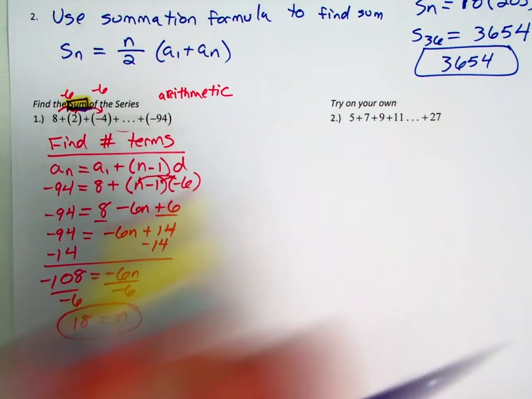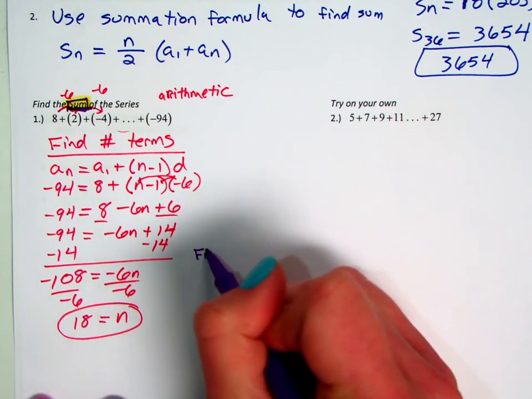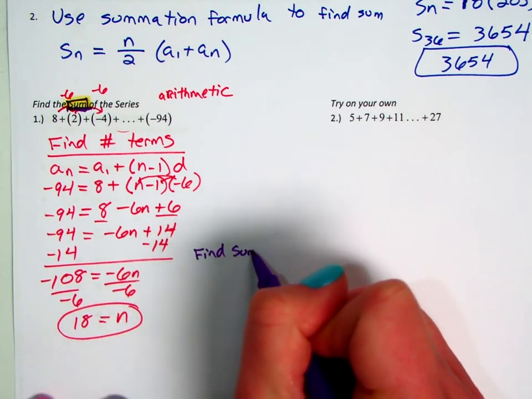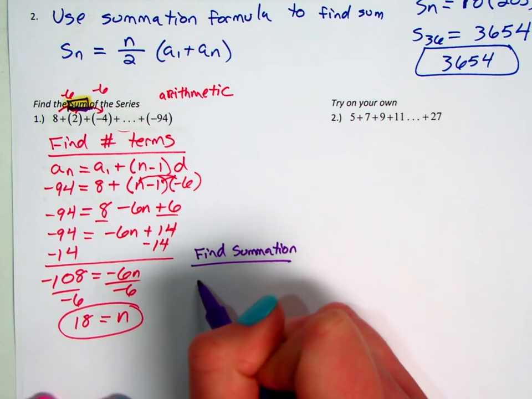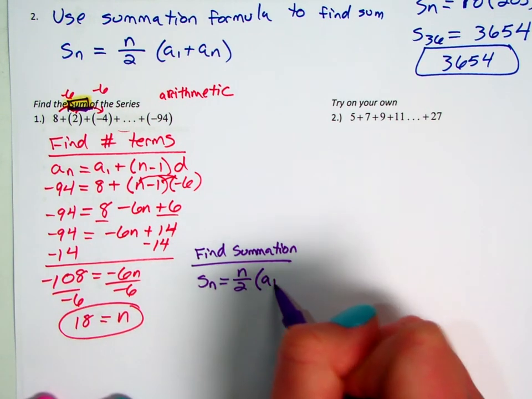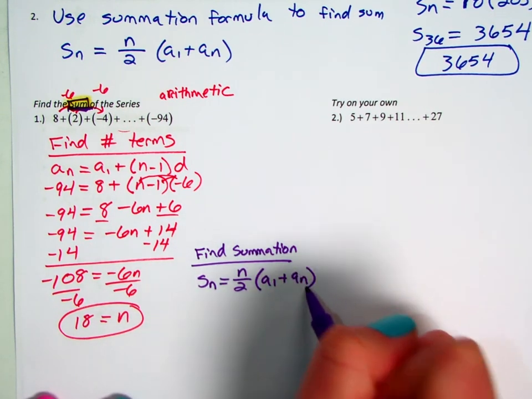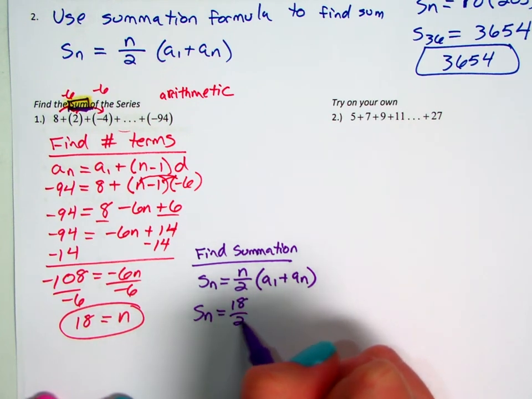So now that I know how many terms there are, I can go ahead and use that formula to find the summation. So S sub n equals n over 2 times the first term plus the last term. So the total number of terms is 18 divided by 2.